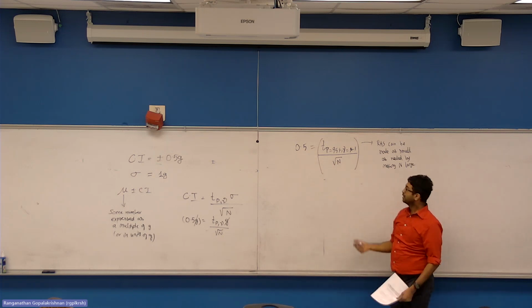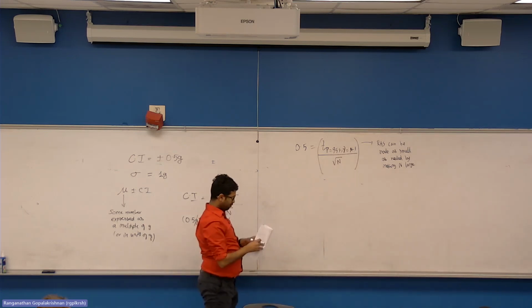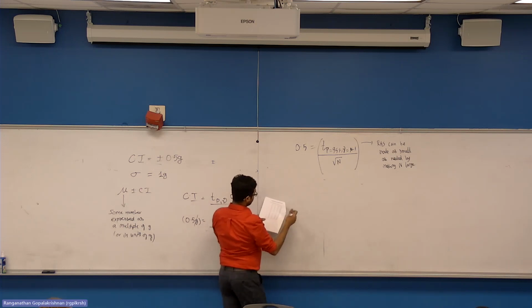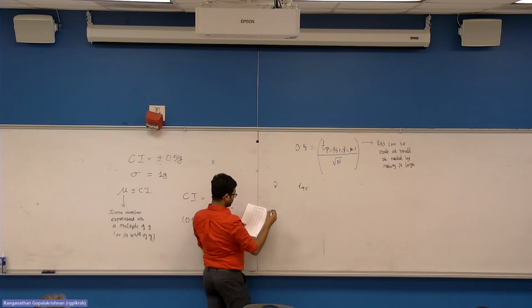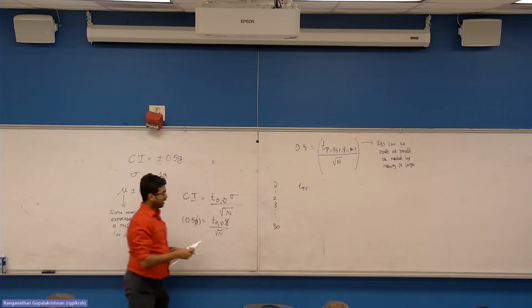That's the question. If you look at your table for t, you have t95 as a function of nu provided to you from 1, 2, 3, and so on up to, let's say, 30.